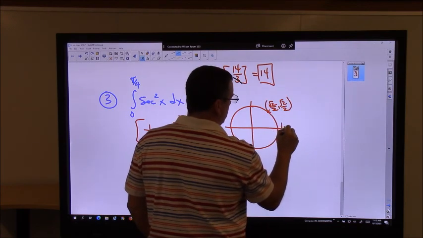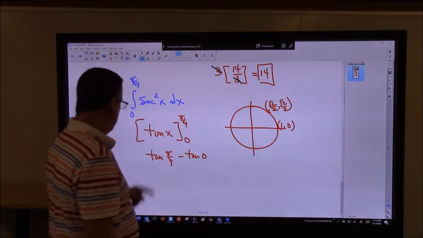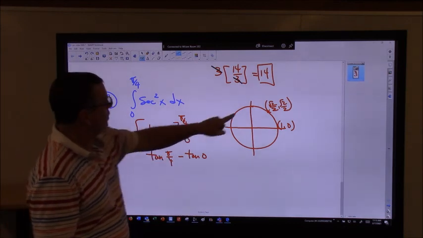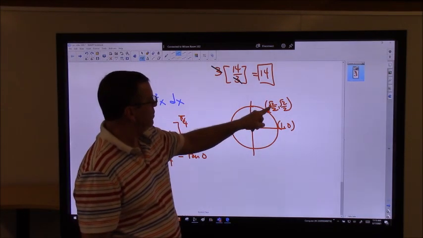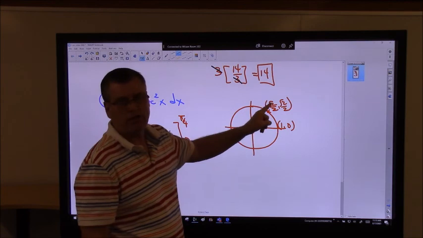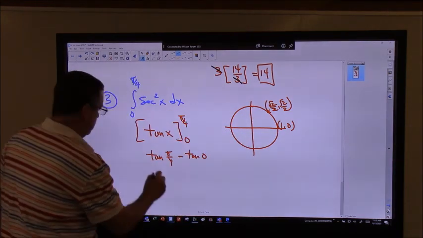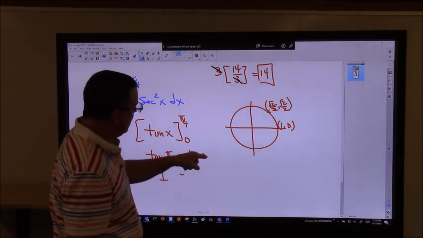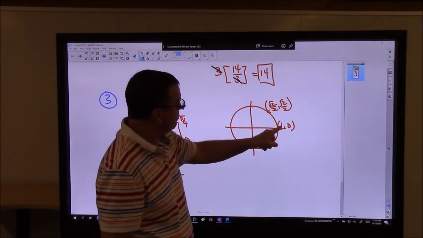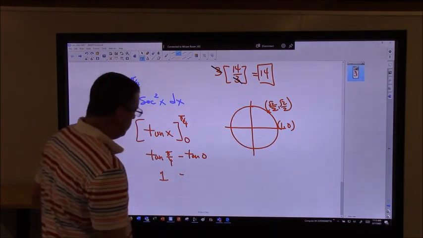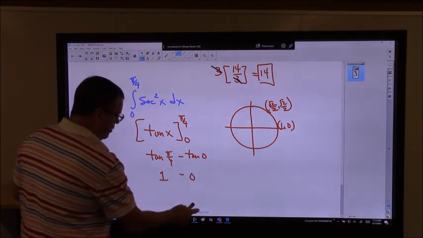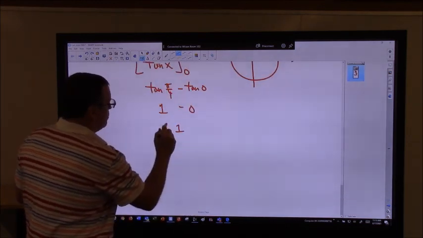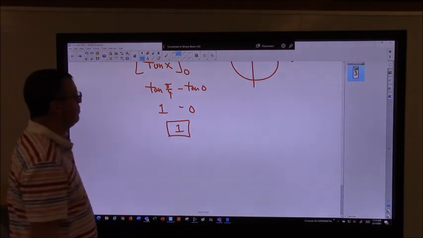This is the point 1 comma 0. So if I do the tangent of pi over 4, I'm doing sine over cosine. So same thing top and bottom, that's 1. Minus what I get when I do the tangent of 0. So if I do sine over cosine, I've got 0 over 1, which is 0. And so my answer to that integral is 1.